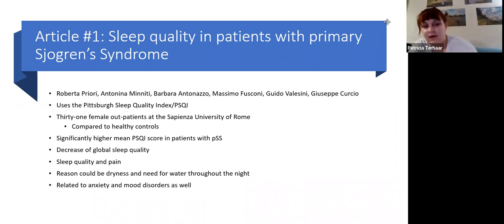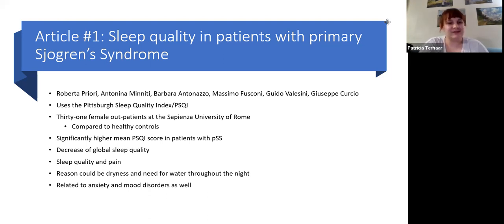So one of the article reviews that I had in doing all my research was done on sleep quality in patients with primary Sjögren's syndrome.